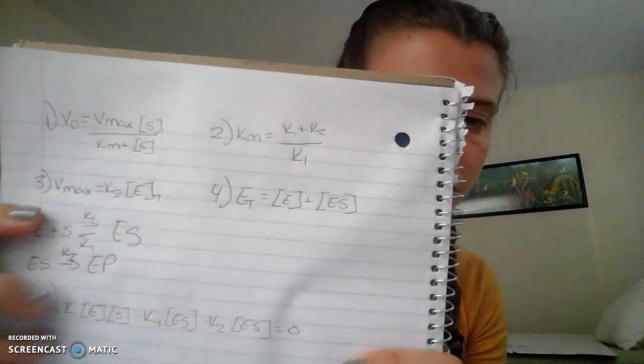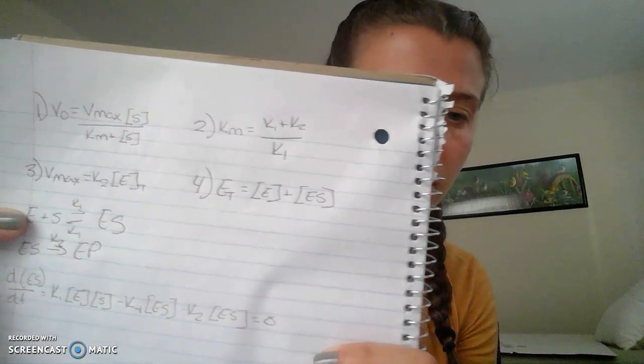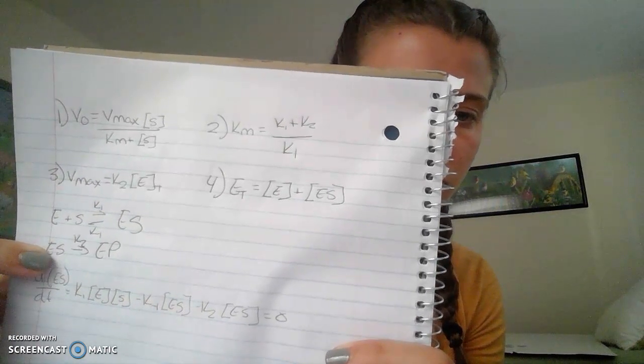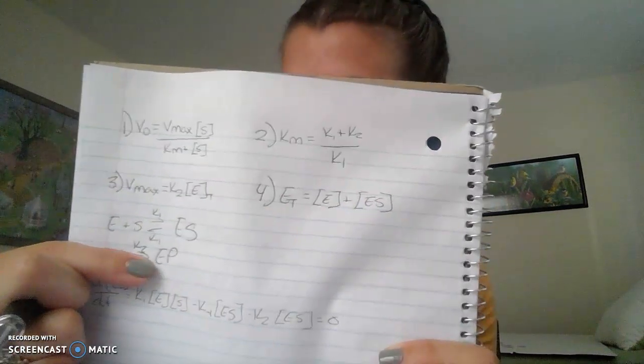To start out, we have E plus S, and then a backward and forward reaction goes to ES. So I have that here. And then what's important to know is K2: ES goes to EP, or E plus P, I forgot the plus.